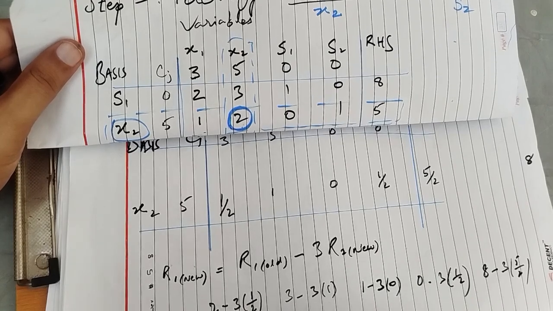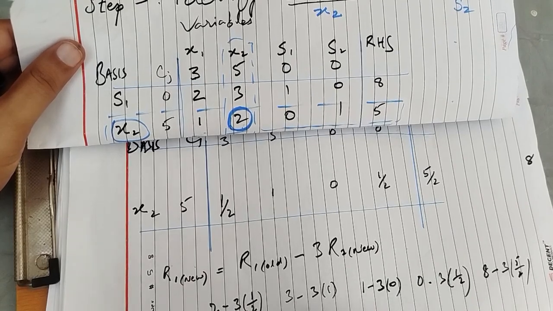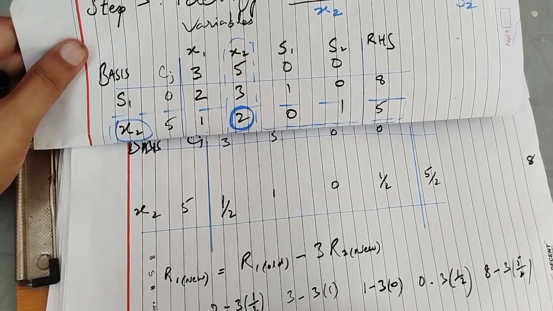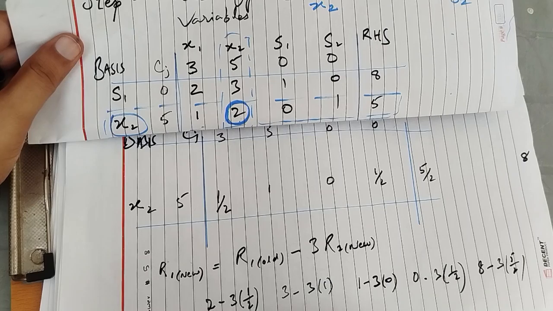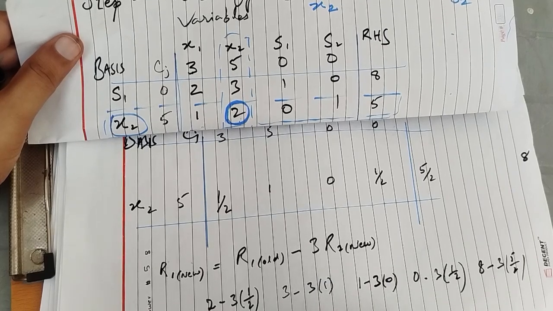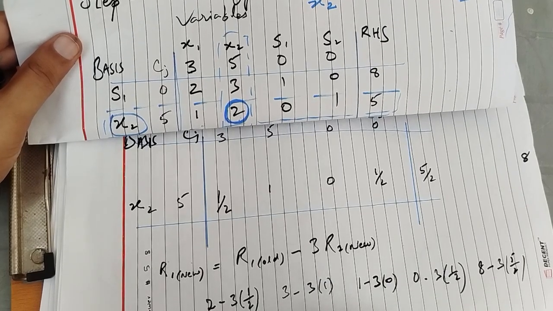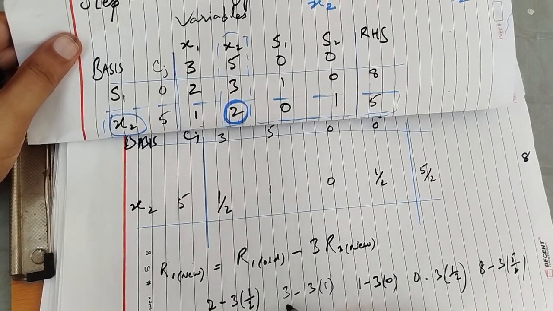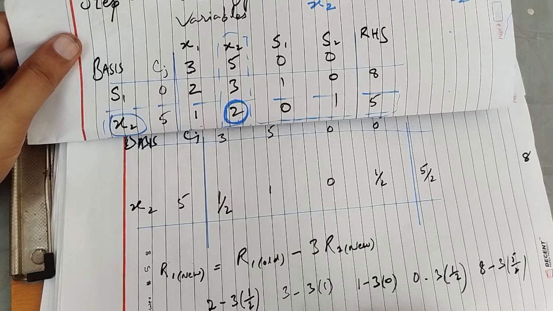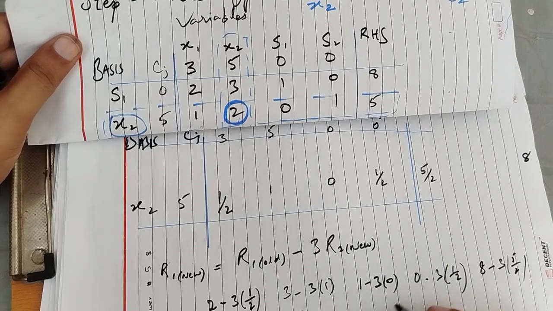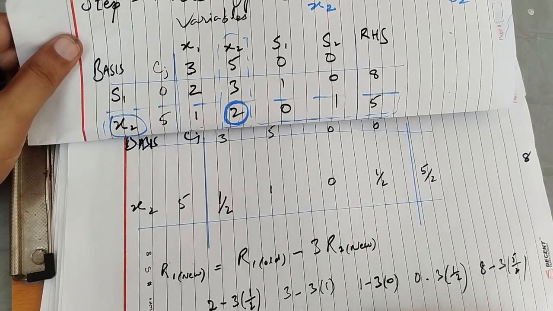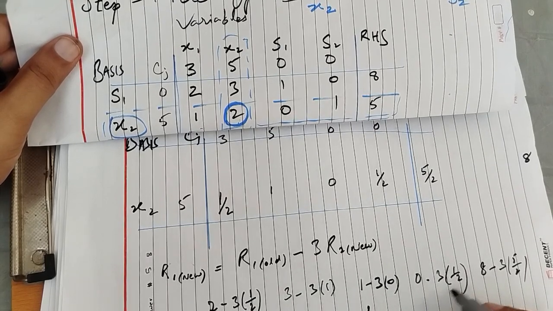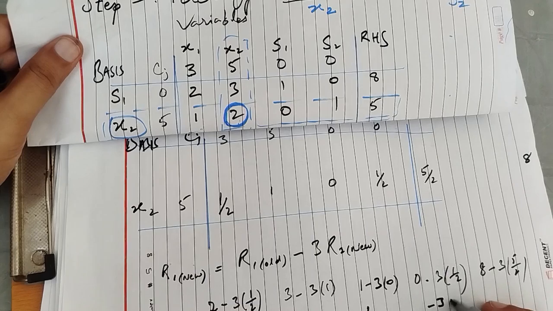2 is the LCM over here, and it is 4 over here, minus 3, 3 minus 3, 0. 1 minus 3 into 0 is 1. 0 minus 3 by 2, minus 3 by 2.